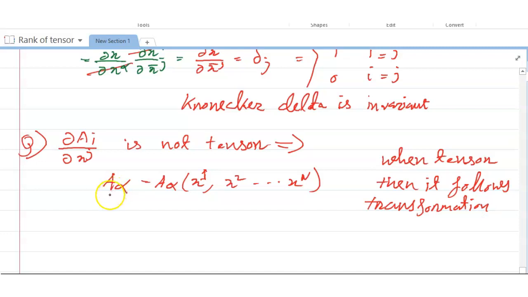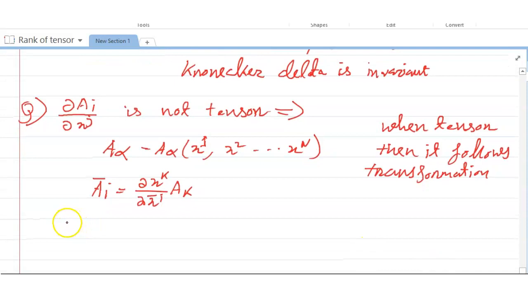So friends, you can see that a bar i is equal to del xk divided by del x bar i ek. Simple, very simple, friends.